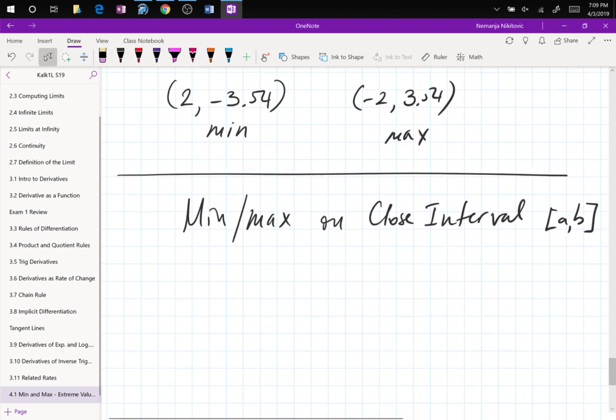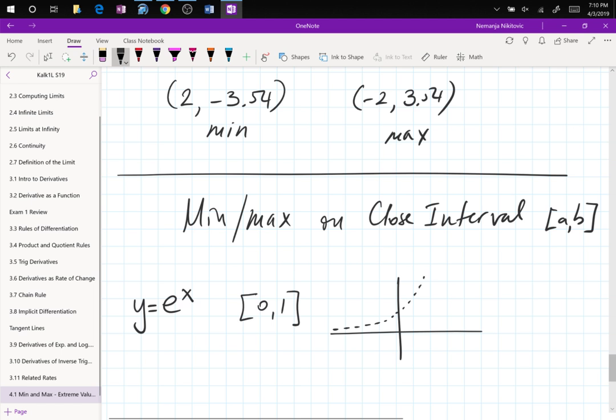If you have a function that is restricted on a closed interval, you must have an absolute min or absolute max. If you take y equals e to the x, which does not have min or max, and you say e to the x on 0 to 1, you immediately created min and max, because your function now starts here and ends there.